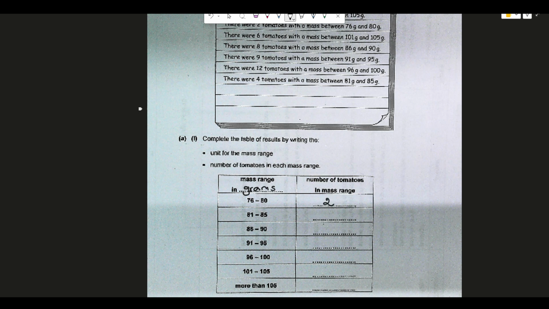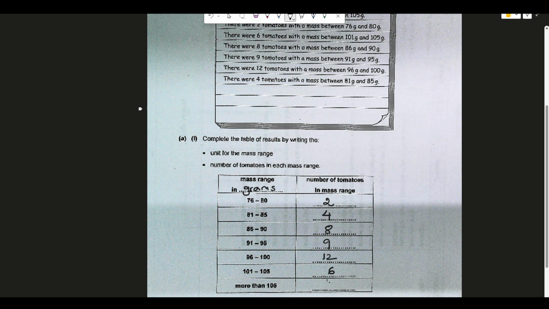Then 81 to 85, there are 4 tomatoes. 86 to 90 grams there are 8. 91 to 95 grams there are 9 tomatoes. 96 to 100 grams there are 12 tomatoes, and 101 to 105 grams there are 6 tomatoes, and more than 105 grams there are 3 tomatoes.